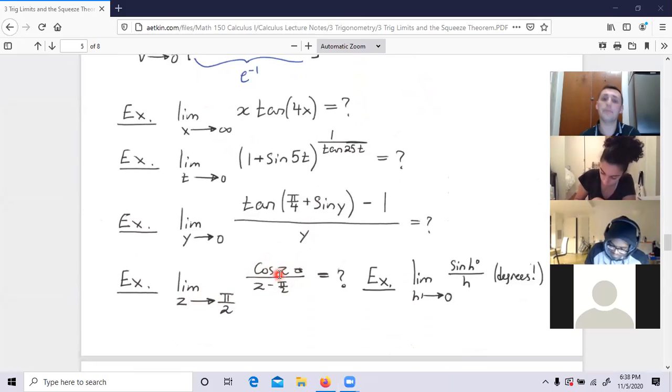What is this limit and why? What's going on?